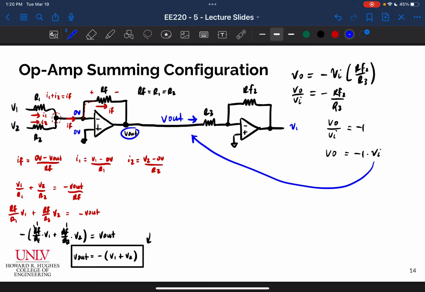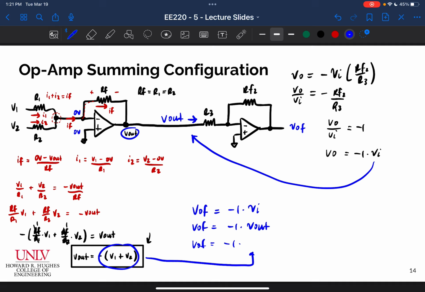So my final V out here, I'll call it V out final, would be equal to -1 times V in, which in this case is -1 times V out from the first circuit, which is -1 times this piece here, which is negative V1 plus V2. My negatives would cancel, and I would be left with V out final is equal to V1 plus V2.